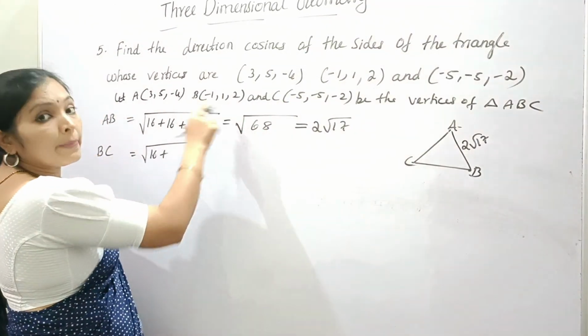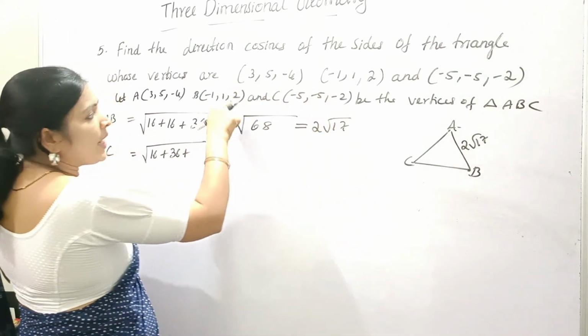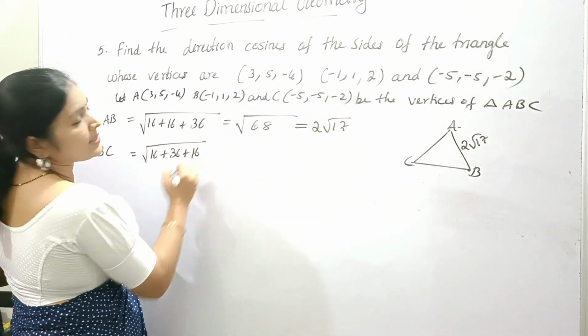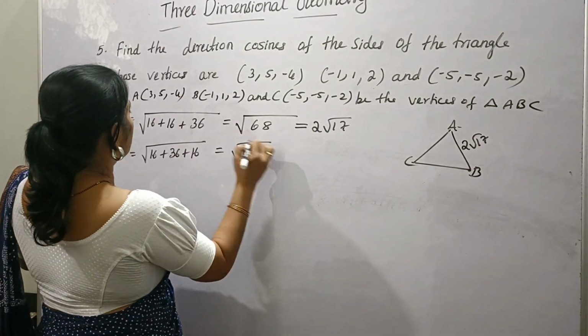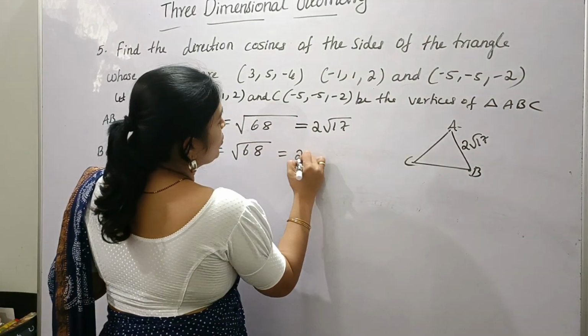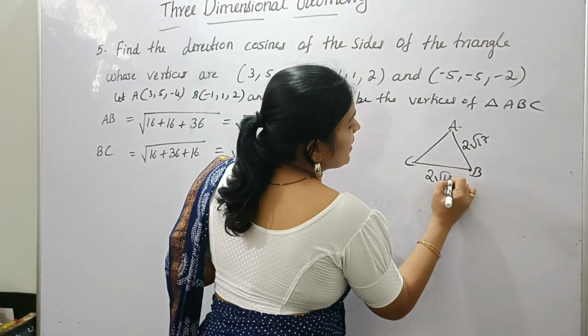Minus 5 minus 1 is minus 6, square 36, plus minus 2 minus 4, square 16. That is also equal to the square root of 68, that is 2 root 17. So the length of BC is 2 root 17.